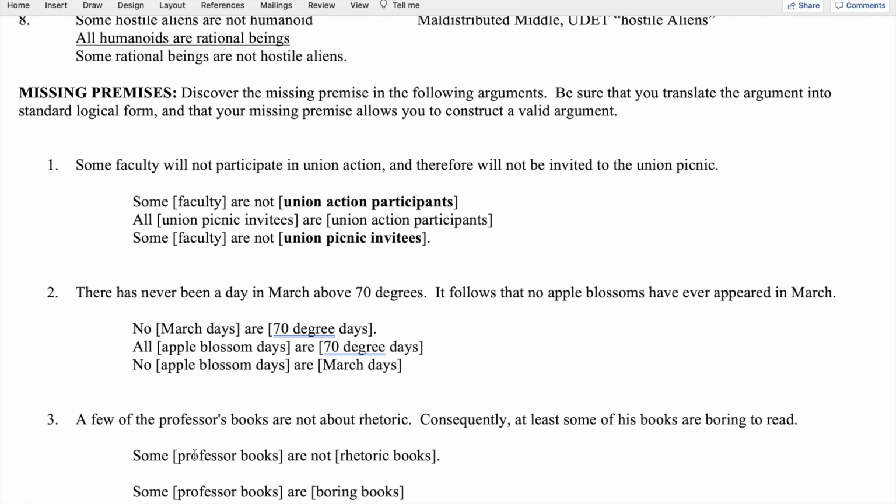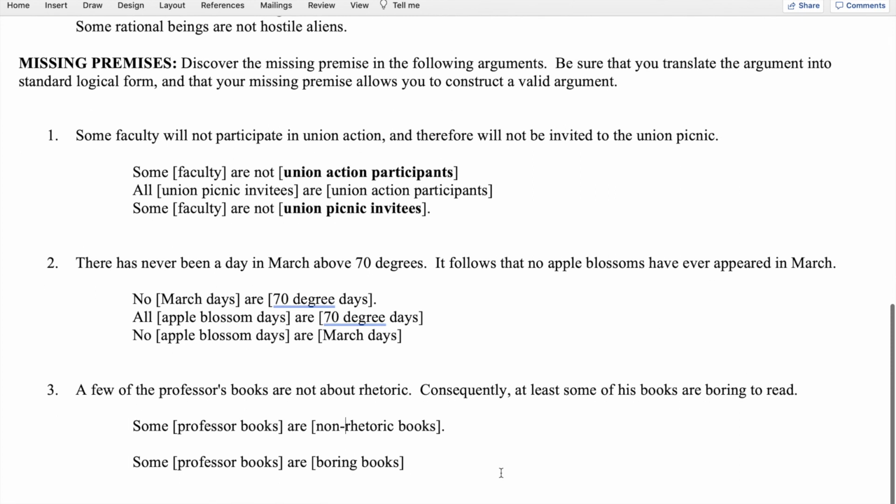So if we do the obversion of this particular negative, some professor books are not rhetoric books becomes some professor books are non-rhetoric books. Now we have a particular affirmative statement and we've eliminated the fallacy of unequal negation.